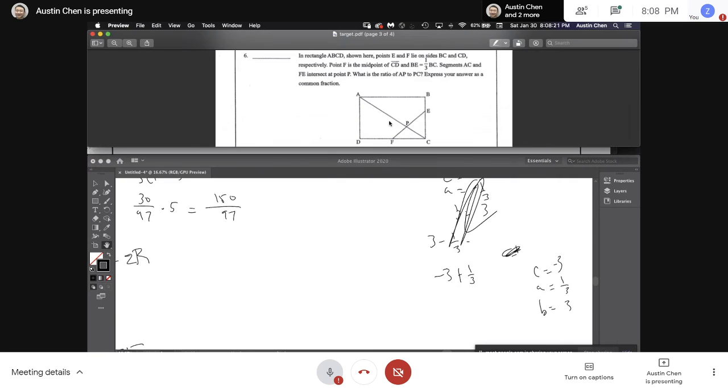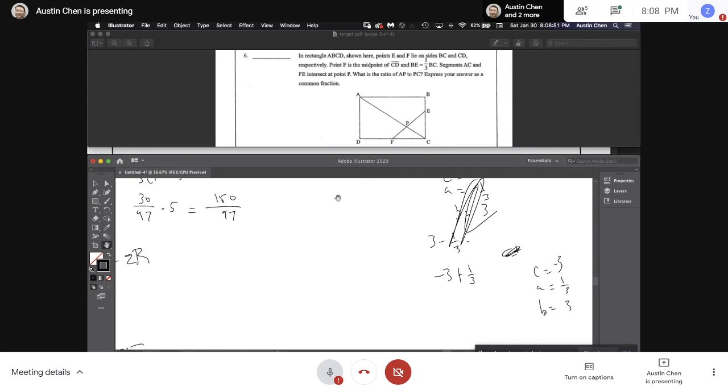I can make the size of the rectangle anything, and then F and E are adjusted, and they're always going to intersect at P at some point. So we can have the size of the rectangle be anything we want, and apparently the ratio of AP to BC will always be the same. So then we can set it to anything, and we just solve for that ratio.